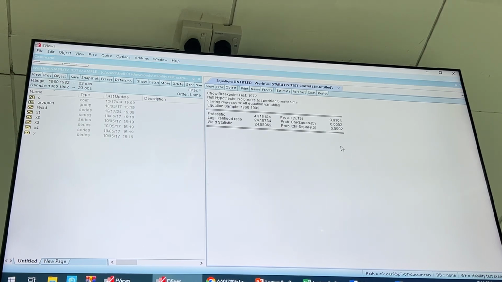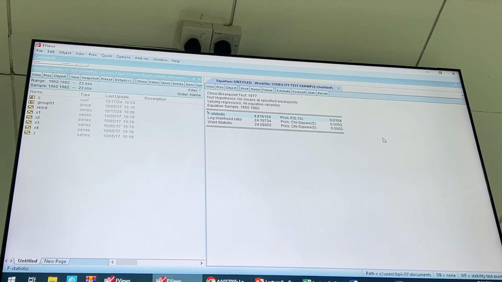So we get this result. What did we conclude before? We get a p-value of 0.01. We reject, and we conclude that the parameters are not stable, meaning the intercept is not the same, or the slope is not the same before and after, or both are not the same. But we don't know which one.